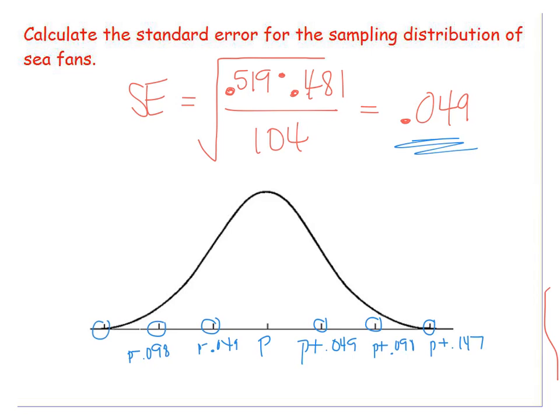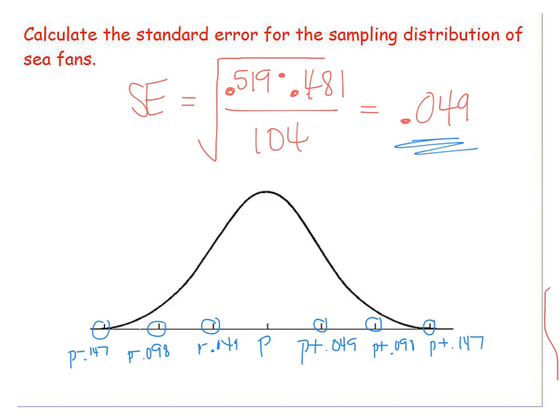And to find the third one, I'm going to subtract another 0.049. So P minus 0.147. So this would have been the cutoffs for the normal model that we would have learned back in chapter 6. And if you remember, these little marks had specific percentages associated with them.